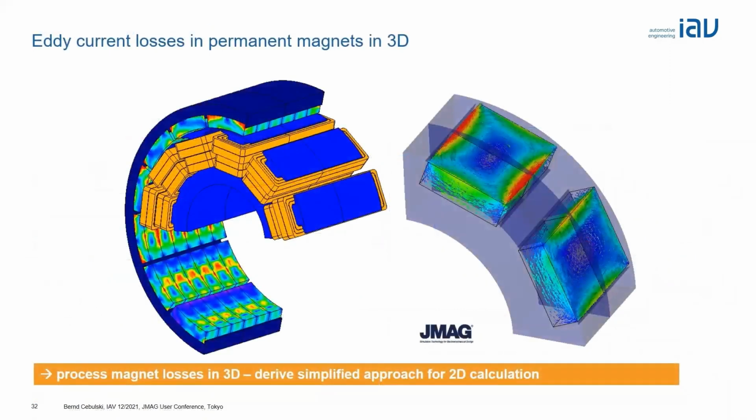Another area of FEA calculation is the eddy currents inside of conducting magnets. The material that we use for high-performance motor is mostly neodymium iron boron and somehow samarium cobalt, both of them being electrically conductive. So whenever you have a changing field in conductive media, you get eddy currents.